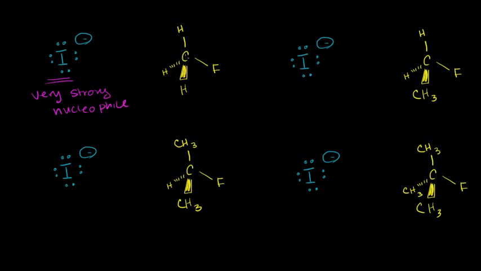It's not attached to any other carbons. Let me label all of them right now. So in this scenario right here, I have a methyl carbon, not attached to any other carbons. It is attached to this fluorine, and if we pattern match based on other things, maybe fluorine is our leaving group. But what's left over, the substrate, we have this methyl carbon in the middle of it.